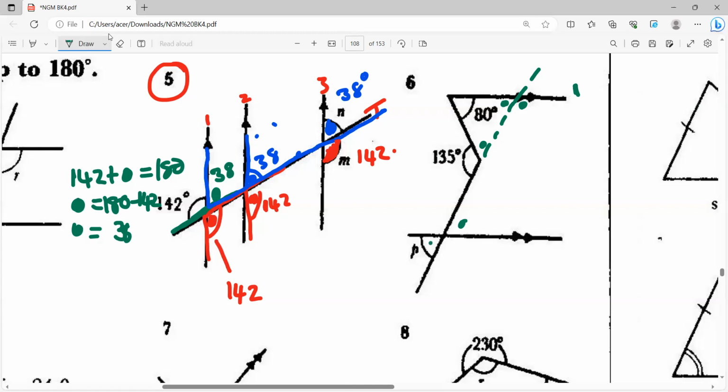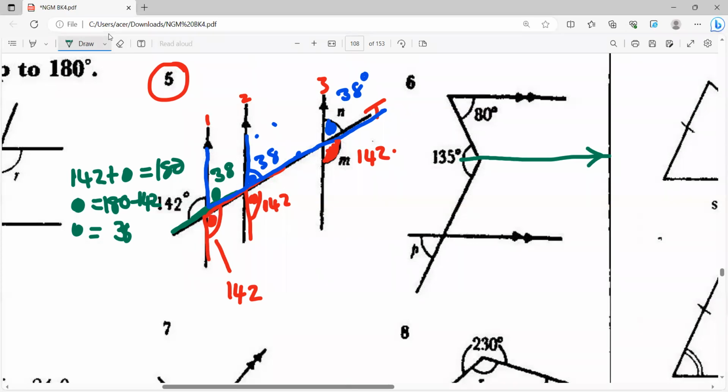So you are allowed to make certain constructions when you're dealing with parallel lines. Okay, so let me go with the most common construction. And this is when you can actually create a line parallel to the other lines that you have. So I'm going to construct it this way.